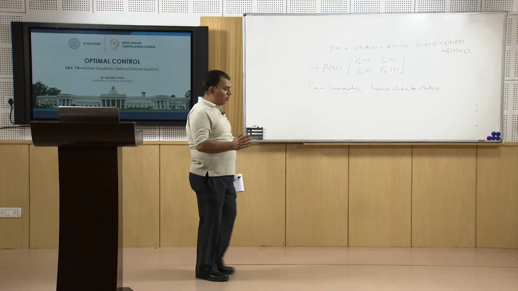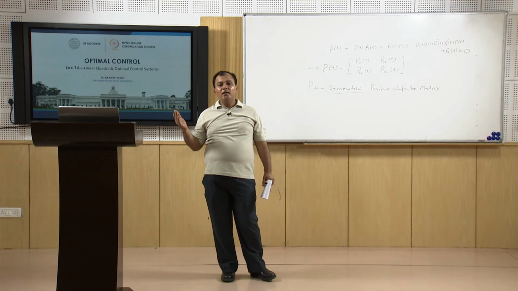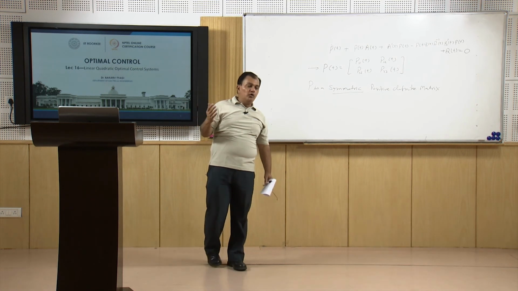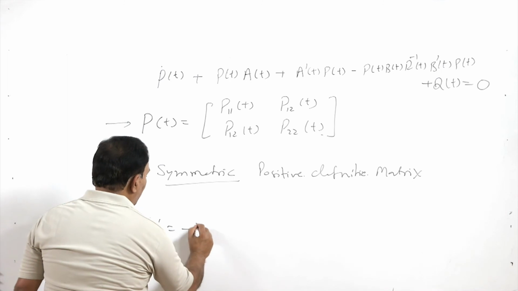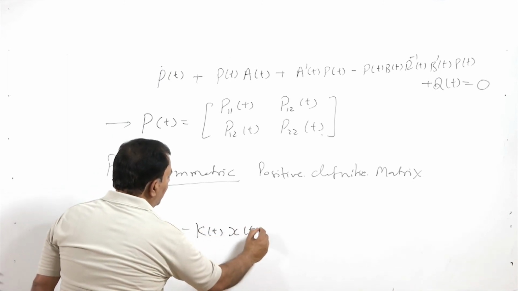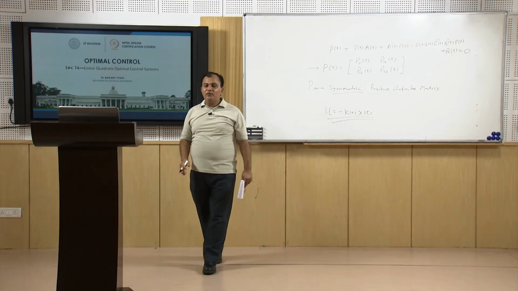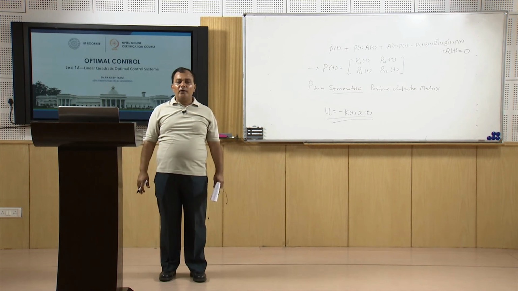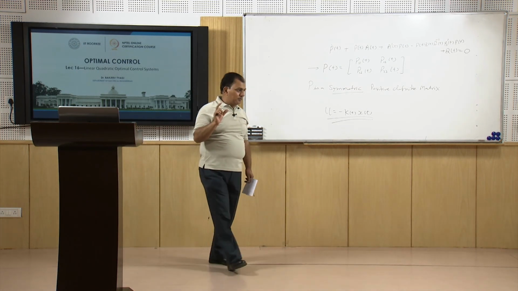If P is known to us, then we can find out the K. If K is known to us, we can find out the u, which will be u equal to minus K(t) x(t). So, in this way we can solve our linear quadratic regulator problem for a finite time.